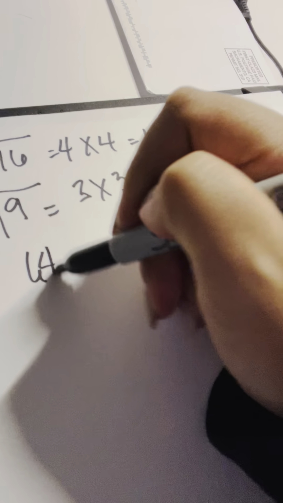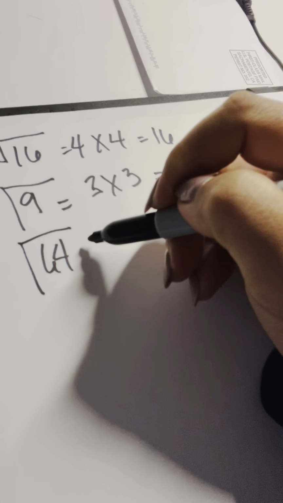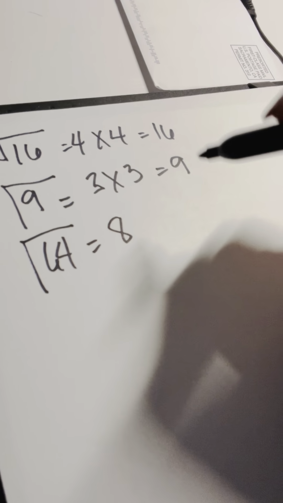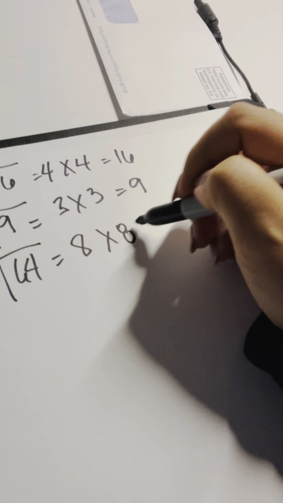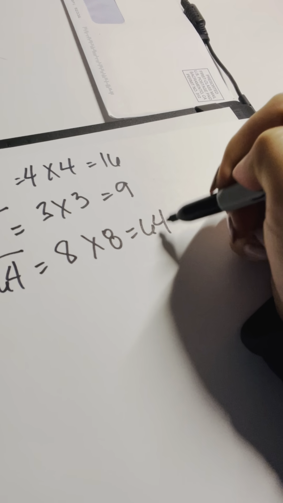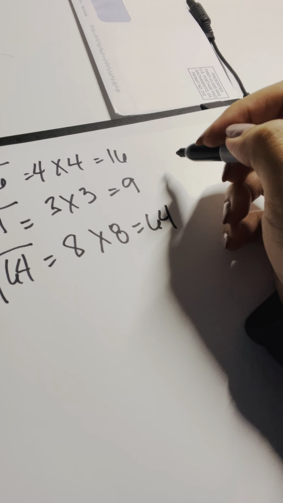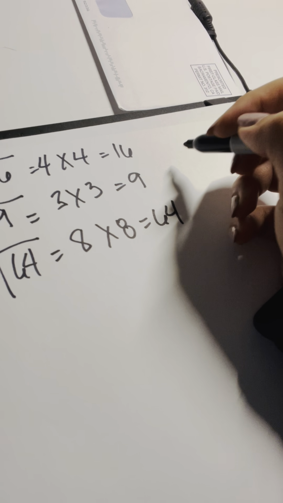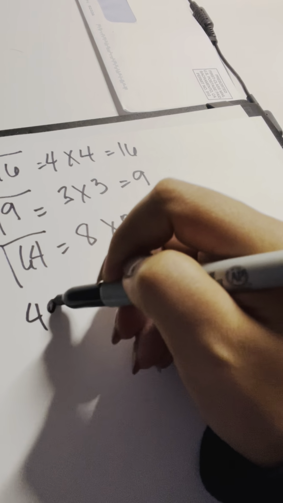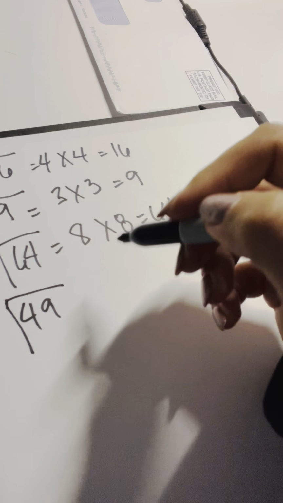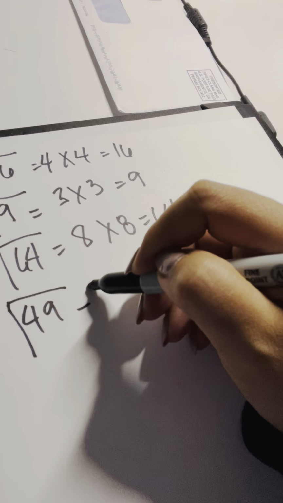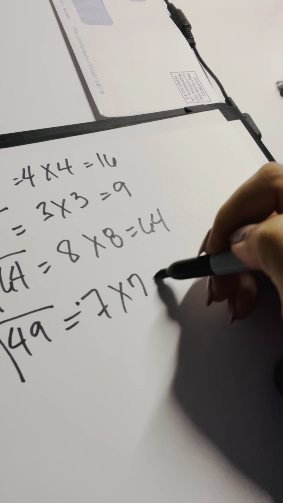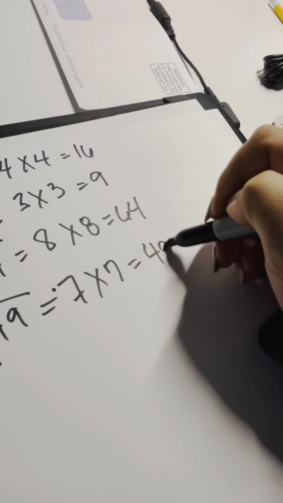Square root of 64 is an 8. 8 times 8 equals 64. How about 49? Square root of 49 is a 7. 7 times 7 equals 49.